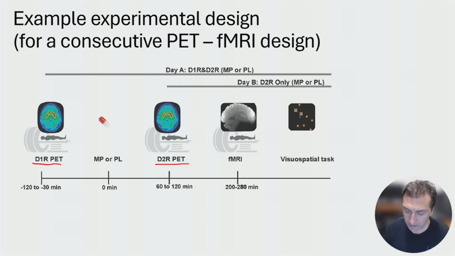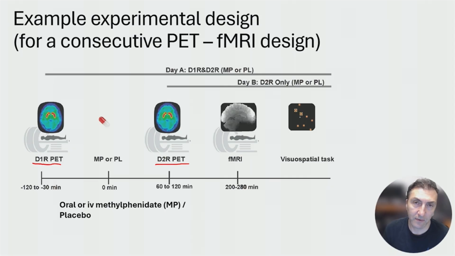This comes after giving either placebo in one session or methylphenidate in another session, which can be delivered as a pill or intravenously as a bolus injection. After this, we take the subject to the MR scanner, where resting state and task-based images are collected.